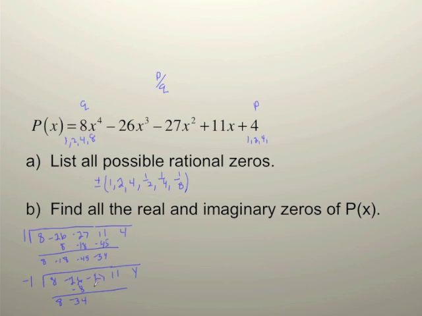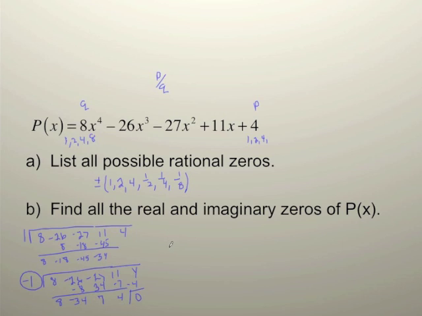That would make it a positive 34 when I take it times negative 1. Negative 27, positive 34, 7. 7 times negative 1 is negative 7. 4 times negative 1 is negative 4. Now I have found one of the zeros. Negative 1 is a 0.